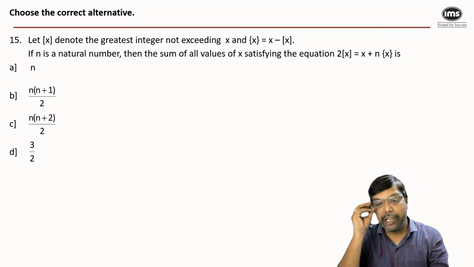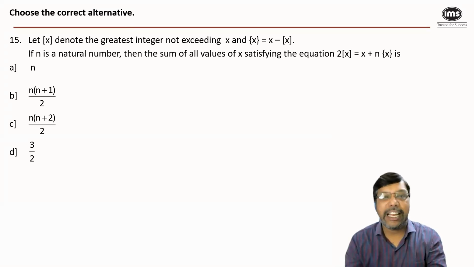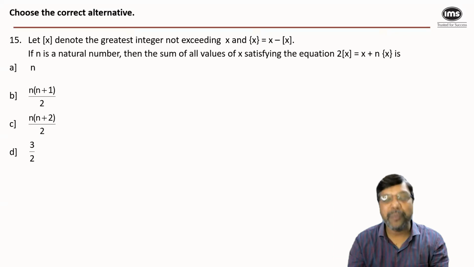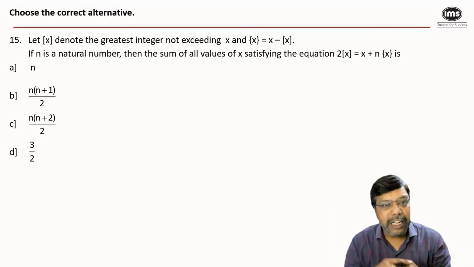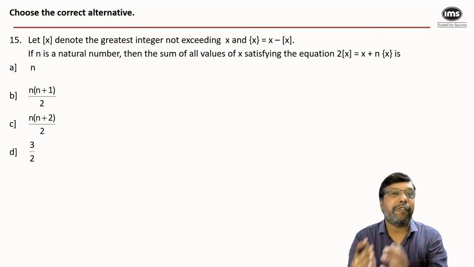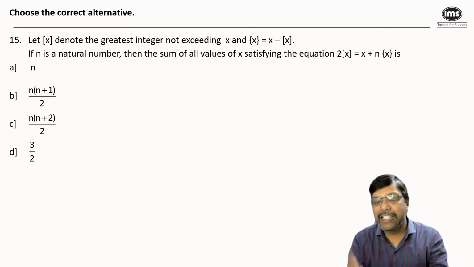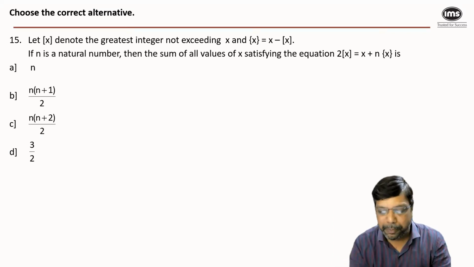This probably I would consider as one of the toughest questions in the IPMAT Indore Quant section. So let us see how to answer this. Let [x] in square brackets denote the greatest integer not exceeding x, which is the standard definition of the greatest integer function, defined as the greatest integer less than or equal to x.